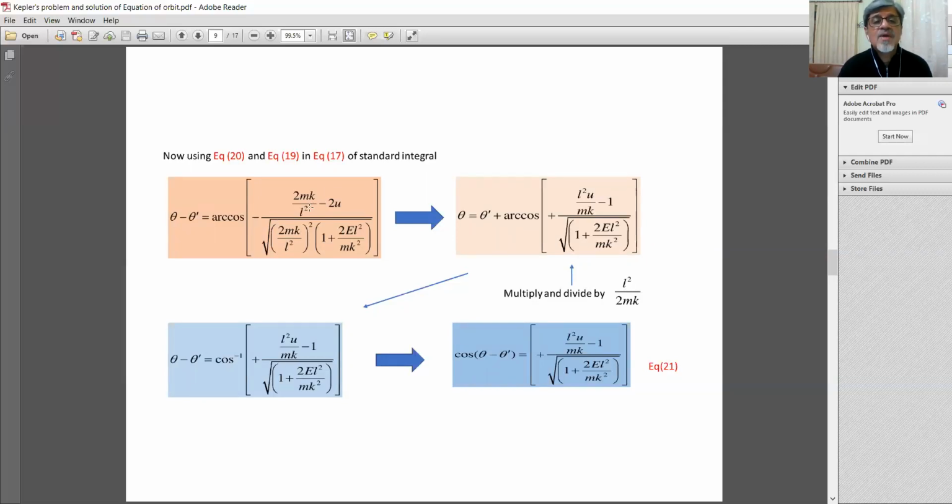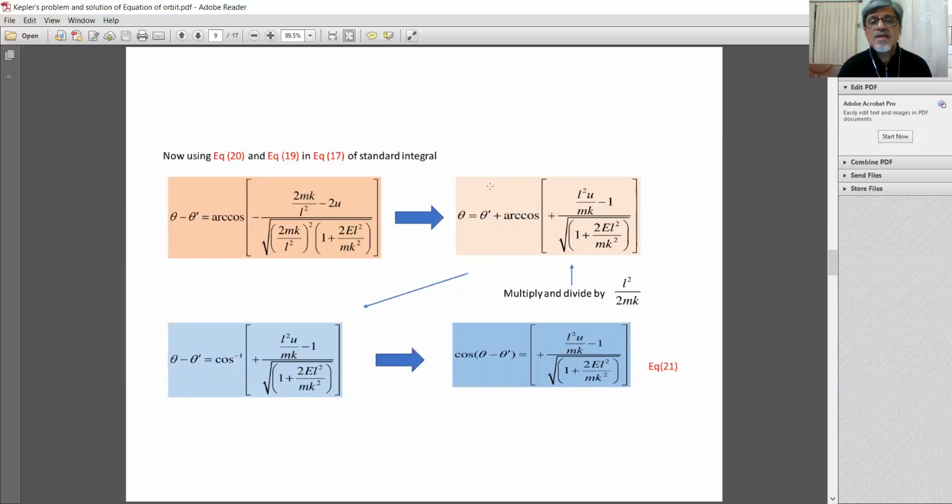So L square divided by 2mk, we have multiplied this term and the denominator term by L square divided by 2mk. So if you do that, then we'll find out that this minus sign can be taken in the front, so it becomes plus, and L square u divided by mk and minus 1.